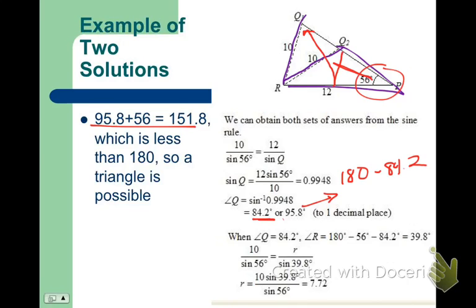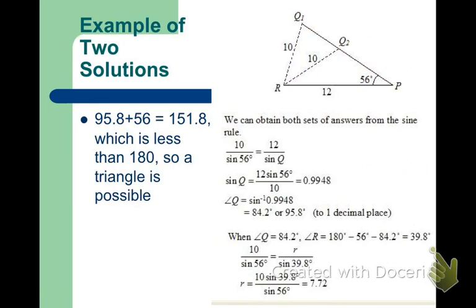So basically, if this angle Q2 really is 95.8, then this angle up here would be about 29 degrees or 28 degrees. Let me show you this case here.